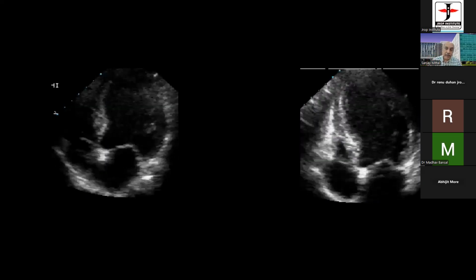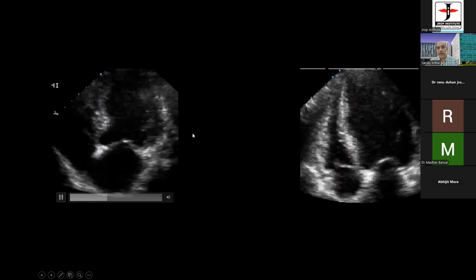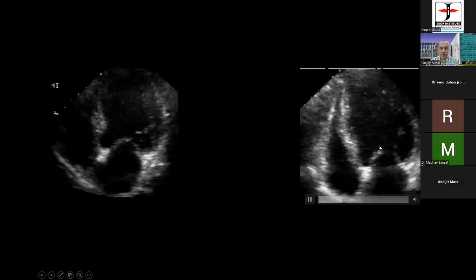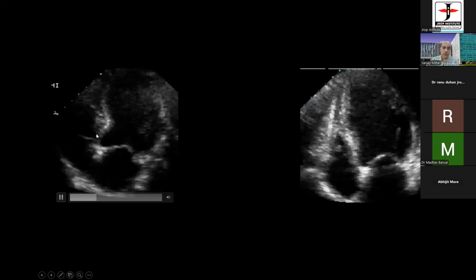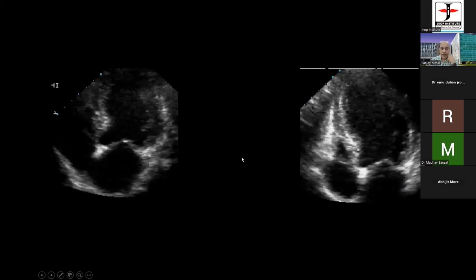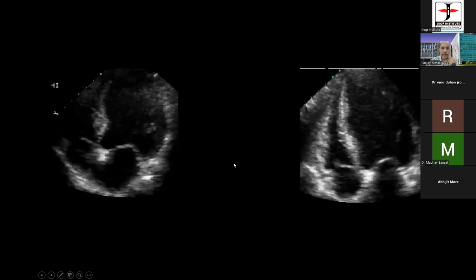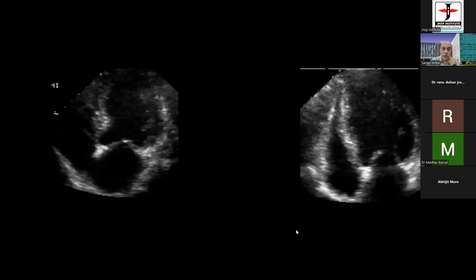There's no way the ventricle could have deteriorated this much in 5, 10 seconds. No way the ventricle could have improved from this to this much in 5, 10 seconds. And this is what we call the fallacy of foreshortening.